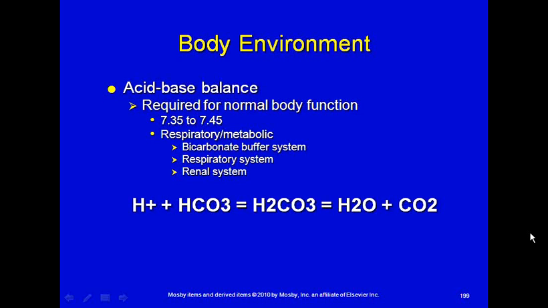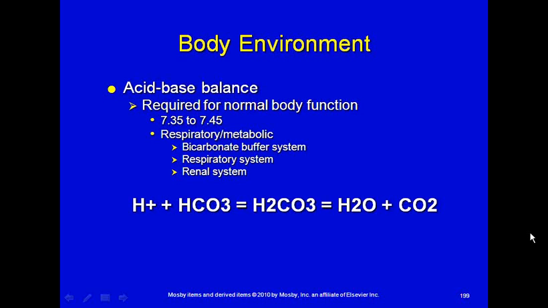And your renal system does help balance acids and bases in your bloodstream by selectively eliminating and retaining bicarbonate ions, the HCO3. If there is a need to maintain bicarbonate ions, then your body will not secrete them. But if you have an excess of bicarbonate ions, then your body will secrete that out in your urine.